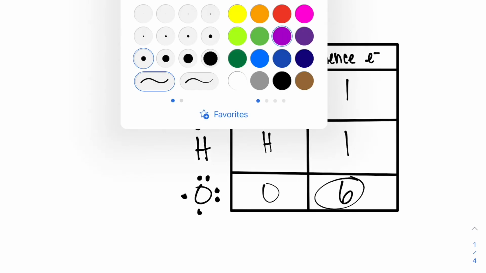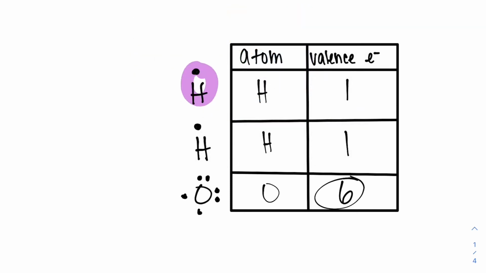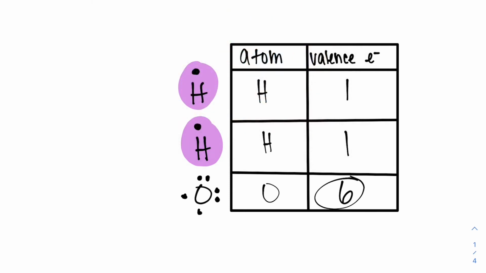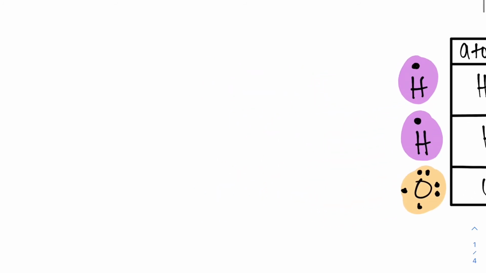So what I'm first going to do is kind of color code some of these elements so that we can keep track of what's happening. So our hydrogen and the valence electrons belonging to our hydrogens I'll keep purple, and our oxygen and its valence electrons I'll keep orange. So I'm going to move over here. We've got oxygen, which has 6 valence electrons.